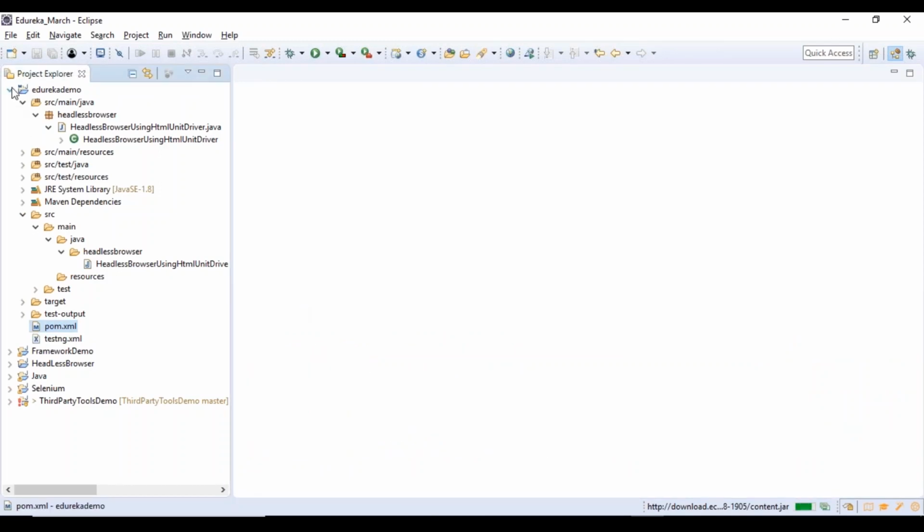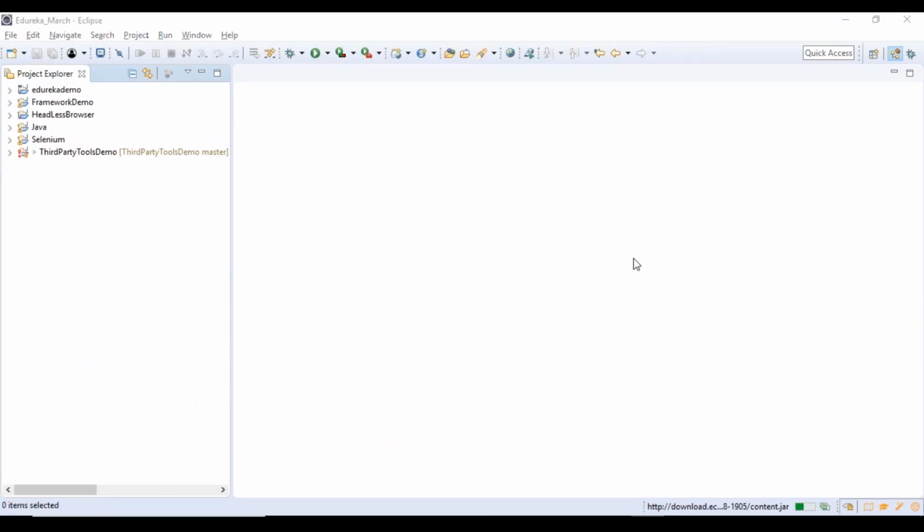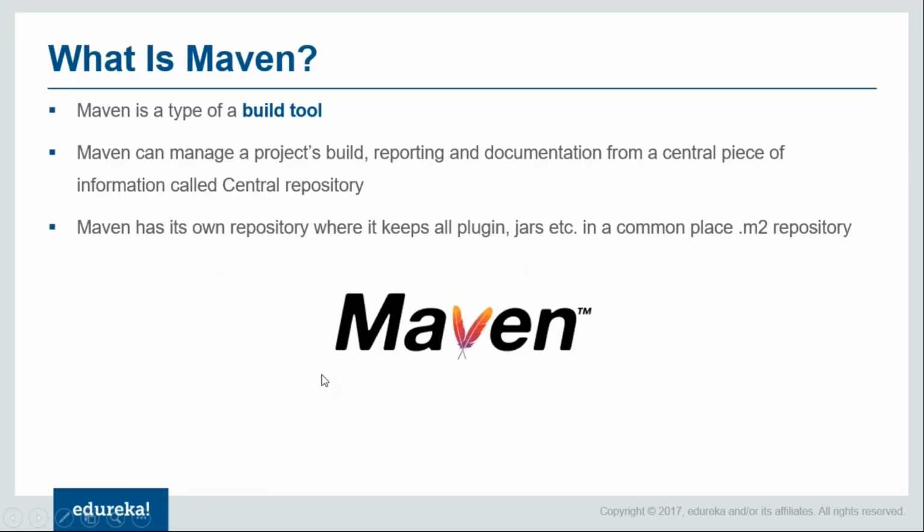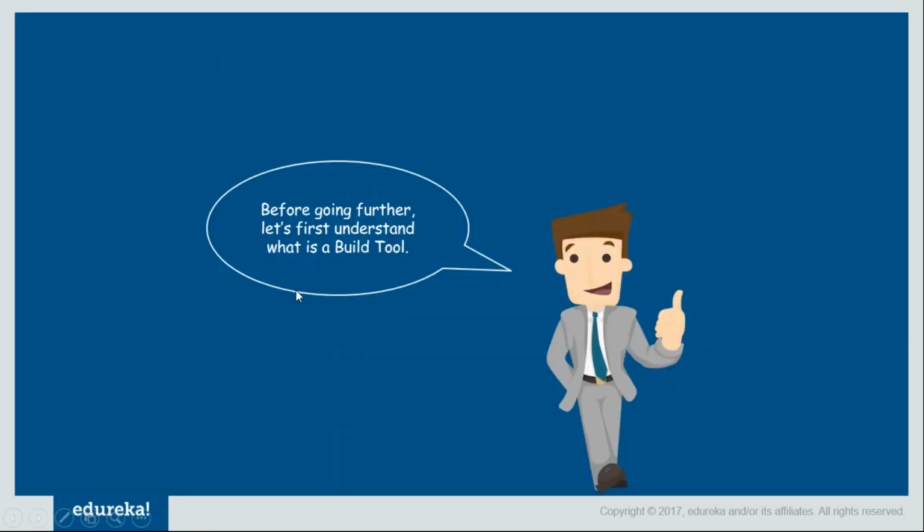So let us go back to our presentation. Here we have discussed all the possible third-party tools that we will use in order to work with your Selenium. We spoke about what Maven is, and how to configure your build tool.